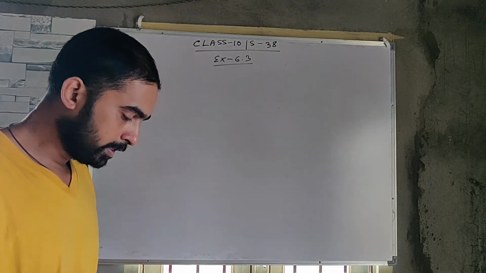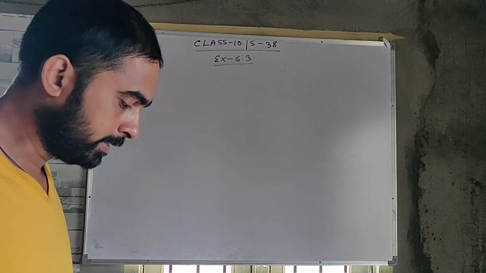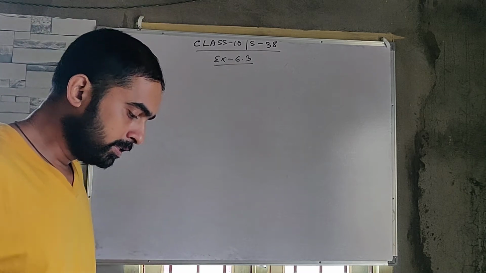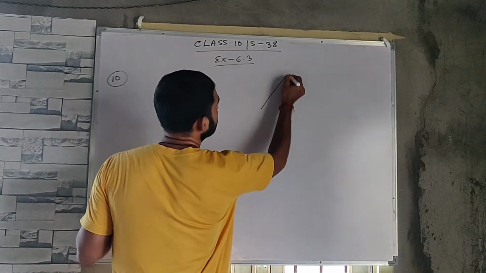So what is the question? CD and GH are respectively the bisectors of angle ACB and angle EGF. Now we have to draw two triangles.